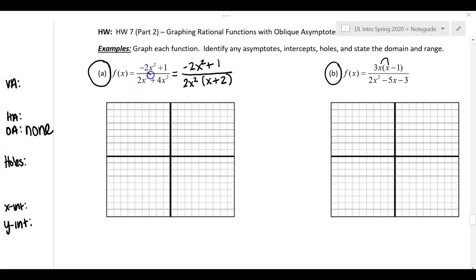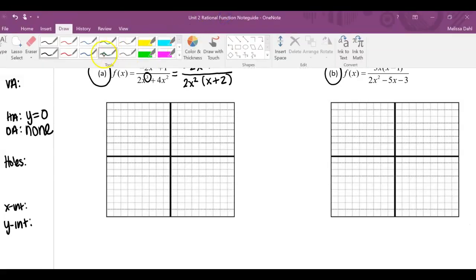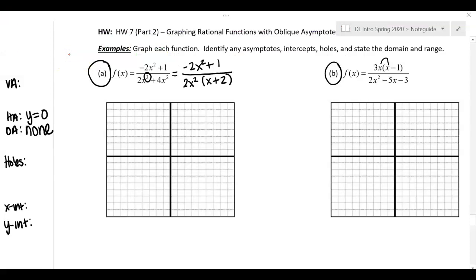And notice that the degree was higher in the denominator, and that means in that situation, our horizontal asymptote is at y equals 0. Vertical asymptotes are values that you'd get when you set the denominator equal to 0. So my work for my vertical asymptote would be setting the denominator, 2x squared times x plus 2, equal to 0.